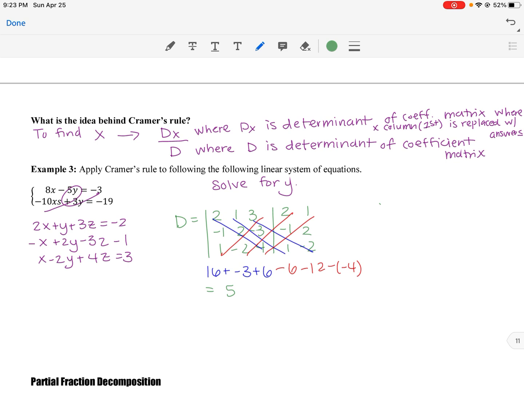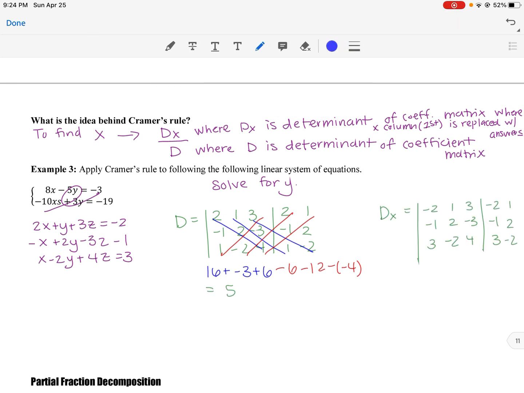Okay, now let's think about the same thing, but we're going to replace the x column. So that first column we're going to replace with a negative 2, negative 1, and 3. The second two columns do not change at all. I'm going to use the diagonal method again and rewrite those first two.